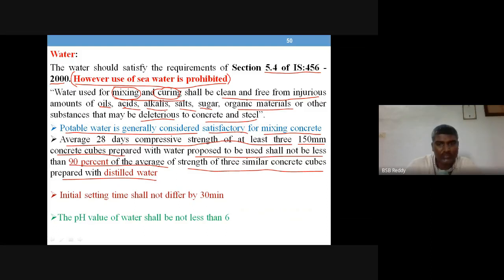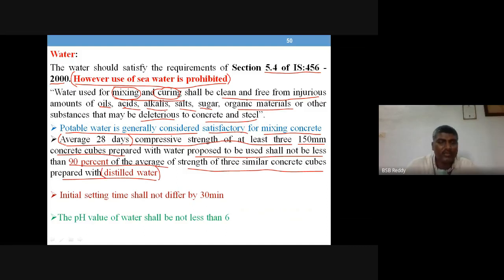that after 28 days curing, meaning after 28 days immersion in that source X water and distilled water, the strength shall not be less than 90% of the average strength of three similar cubes prepared from distilled water.